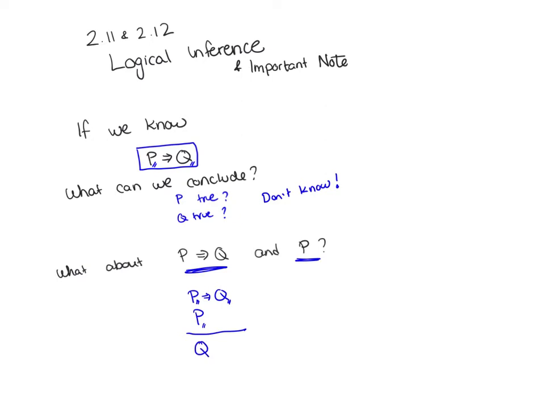So if I have P implies Q and P, I can use those together to deduce that Q is true. That process is called logical inference. And we'll talk about some of these common forms of logical inference that we're going to use in this course.